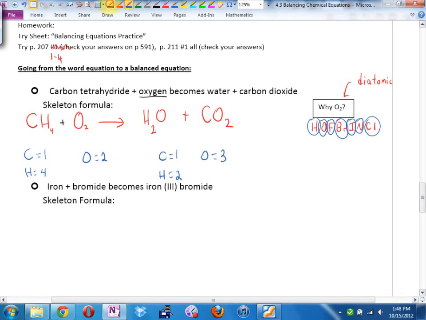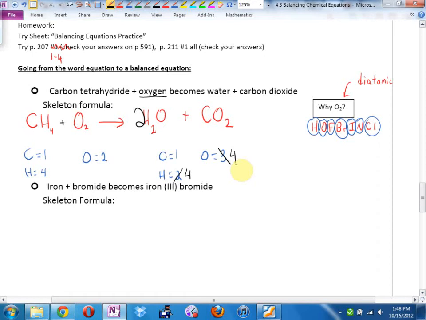Well, I guess if I put a 2 right there, that would make 4 of those. Oh, but how many oxygens do I now have on the right-hand side, grand total? Instead of 3, I have 2, 3, 4. Am I balanced? Not yet.